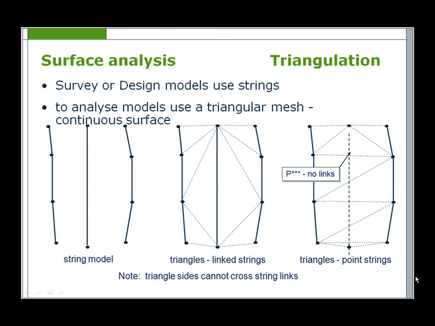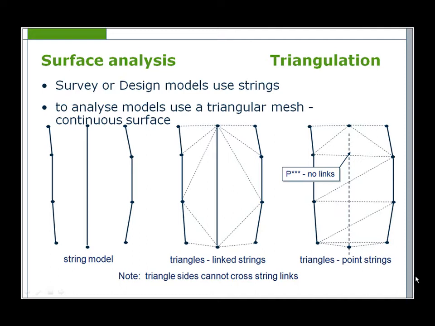The second rule is a triangle side cannot cross a link between two points. In the middle diagram in the PowerPoint, you can see that the triangles on the left do not span across the central string point.